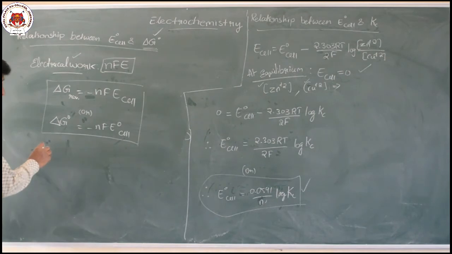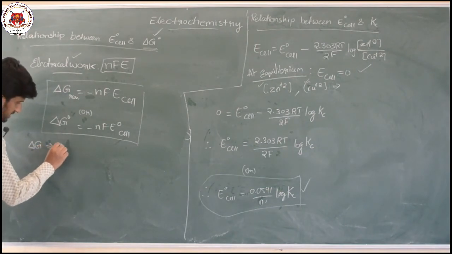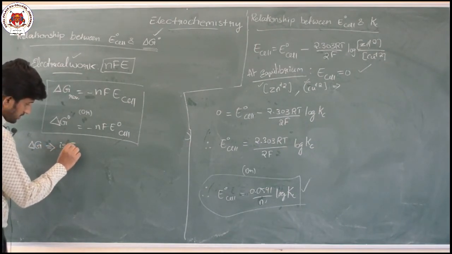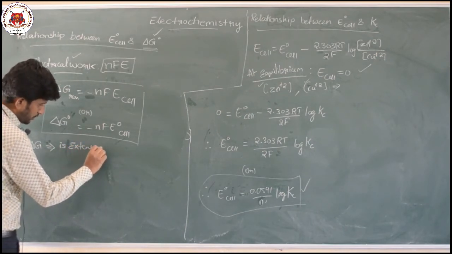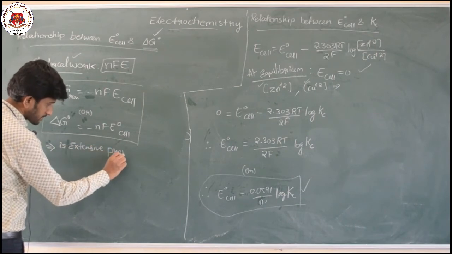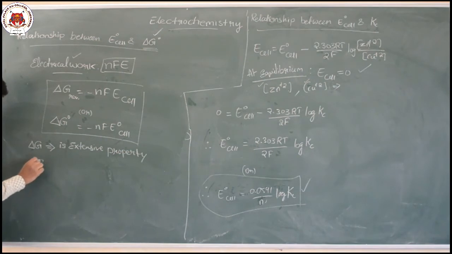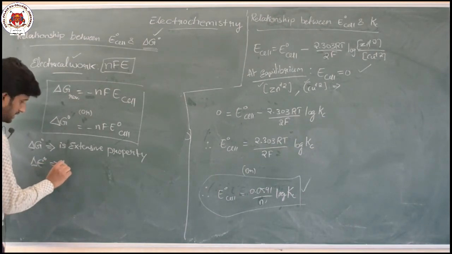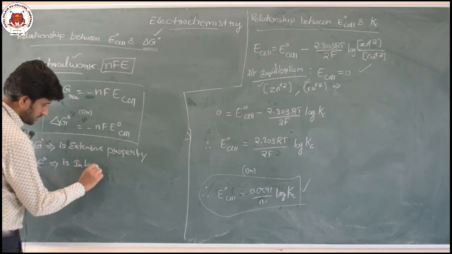And you should always remember delta G is an extensive property, and E naught, or simply you can write E naught, is an intensive property.